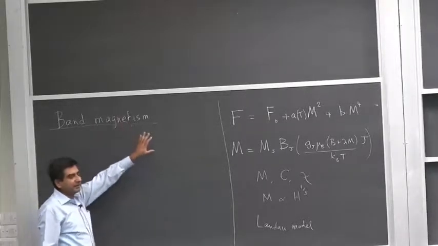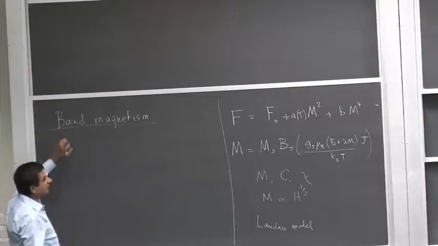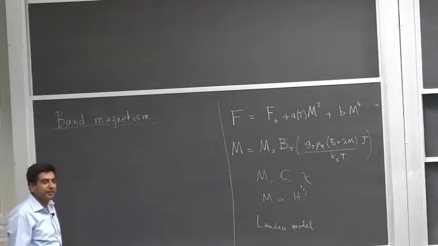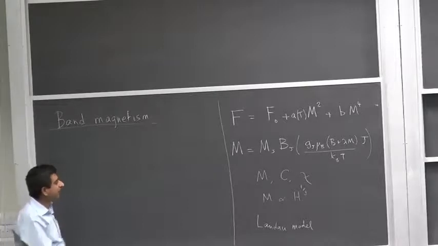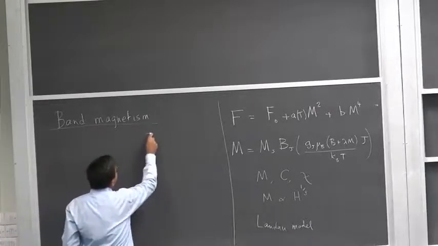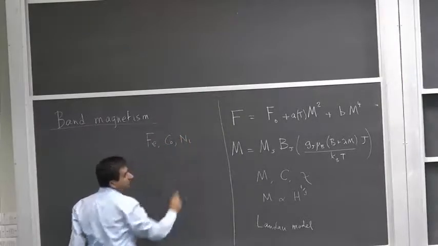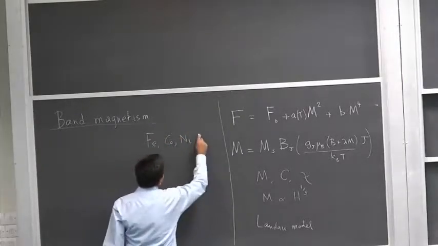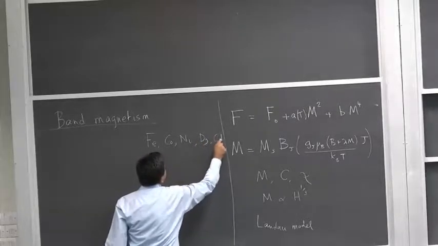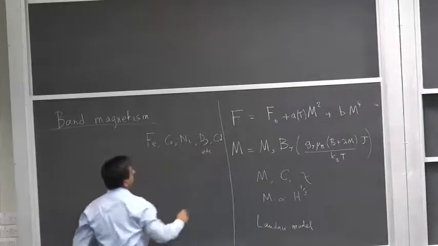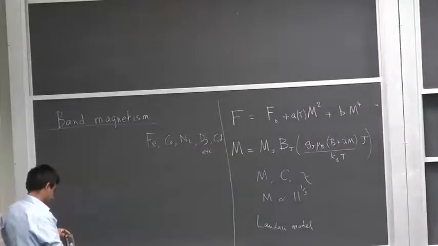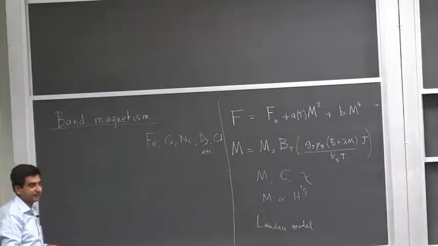We know what magnetism is, but so far we haven't introduced the band picture into the subject, which means that we haven't really looked at why the elements iron, cobalt, nickel, dysprosium, gadolinium, etc. are magnetic.